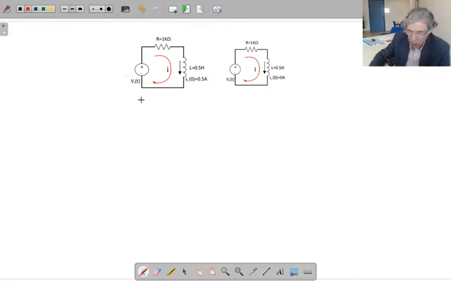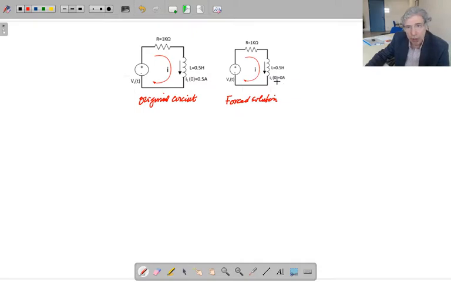Original circuit. Now we are saying make the initial condition equal to 0 and keep the independent voltage source in. The solution you're going to find is called the forced solution. This is the one that we are going to examine now.